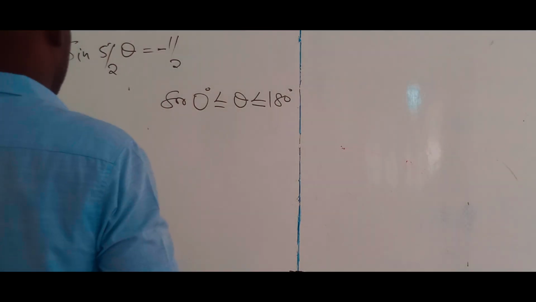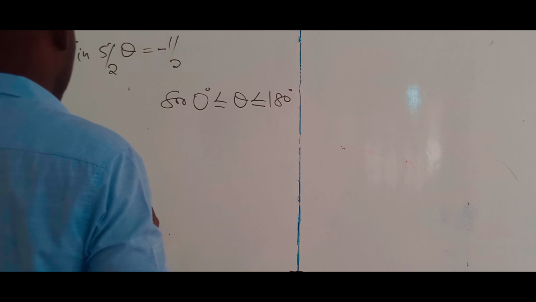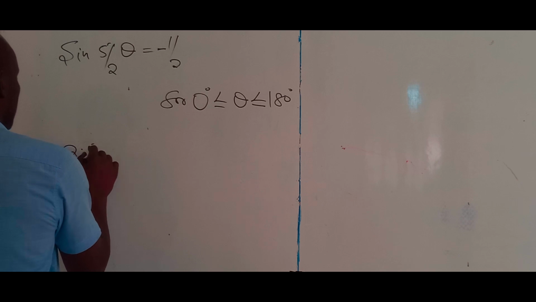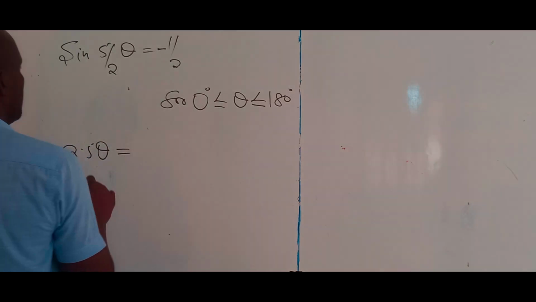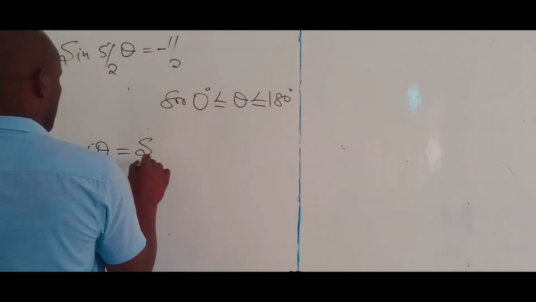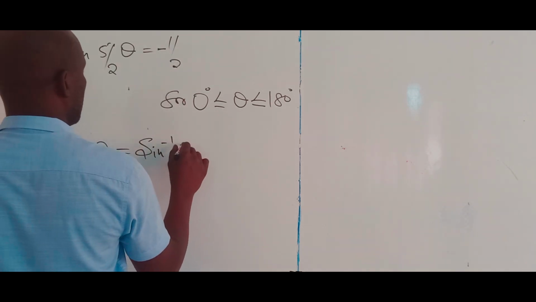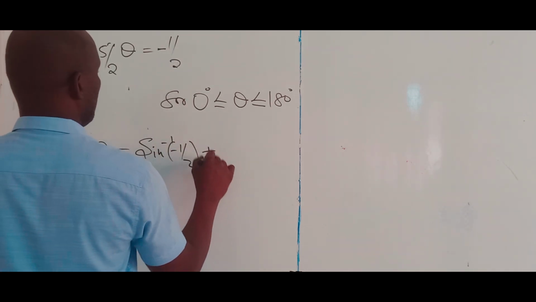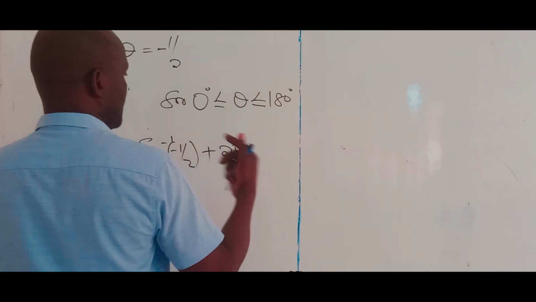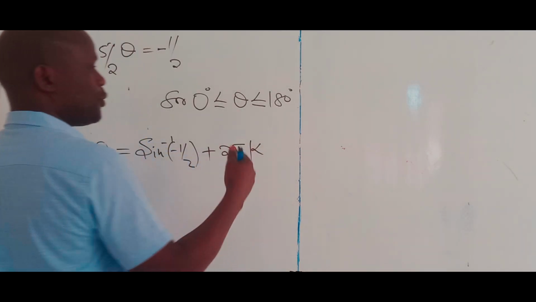And so for us to define what 2.5 theta will look like, we say 2.5 theta is equal to sine inverse of negative half plus 2 pi k, where 2 pi represents a period, but we put k because there are multiple periods.